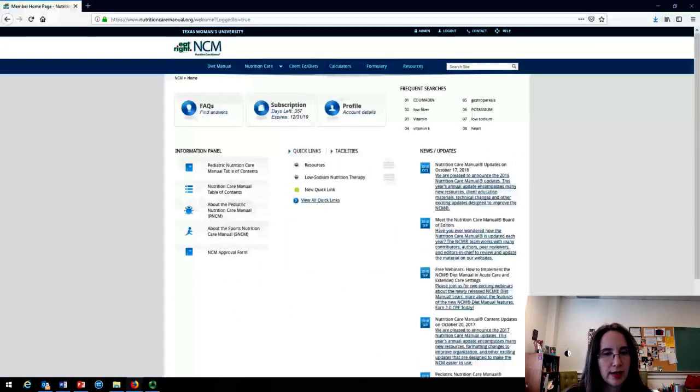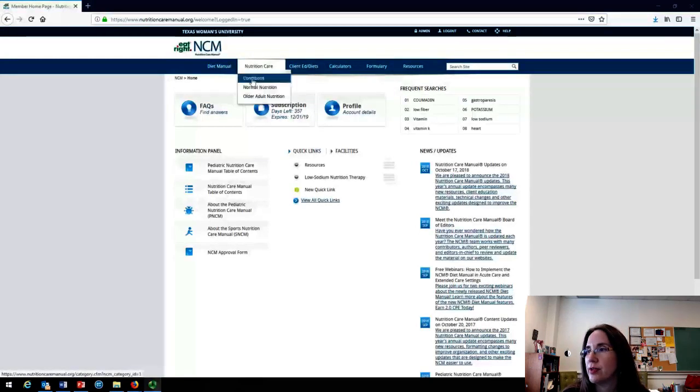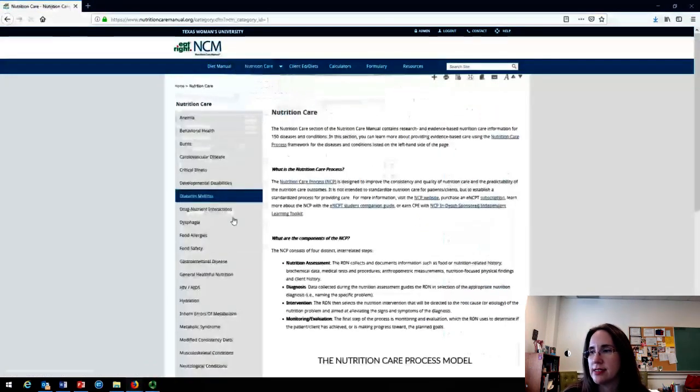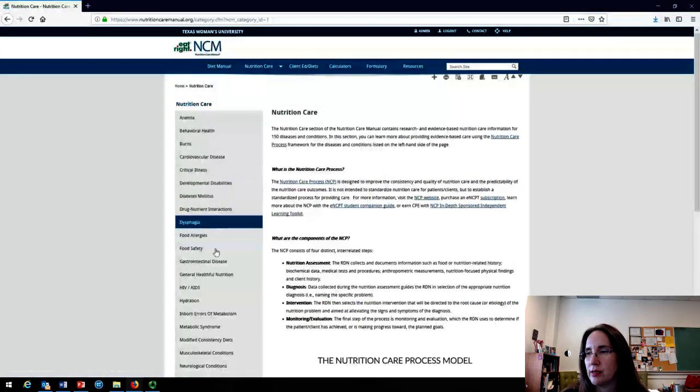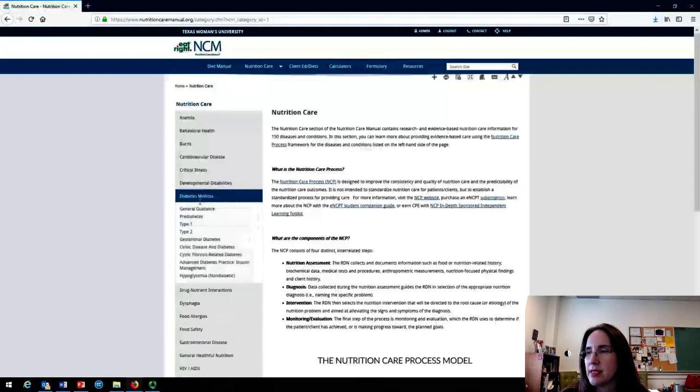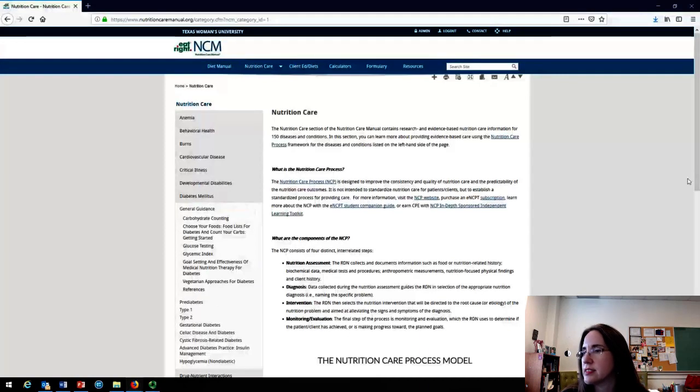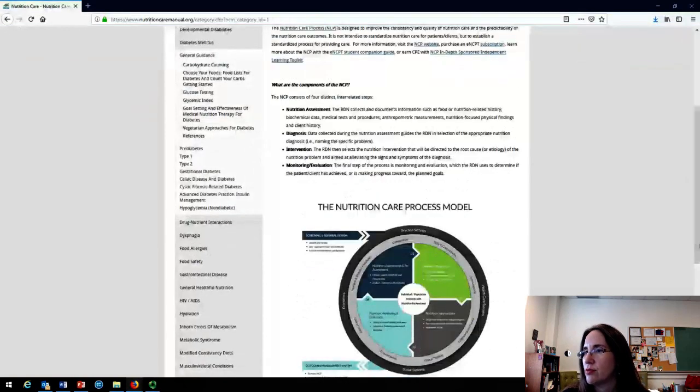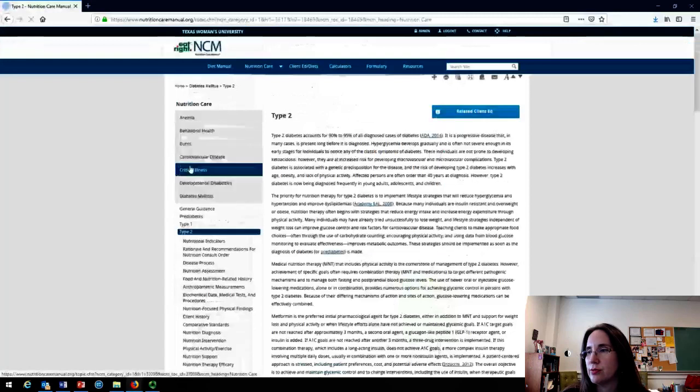Okay, so now when you're in the Nutrition Care Manual, you can go to Nutrition Care, and then from there you choose conditions. And let's say you want to know what to do for a patient with diabetes. You could go to possibly general guidance, or you could go to type 2 and then go to comparative standards.